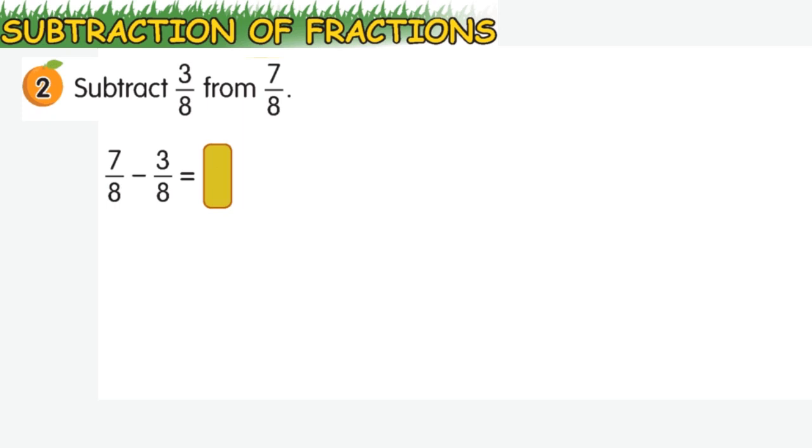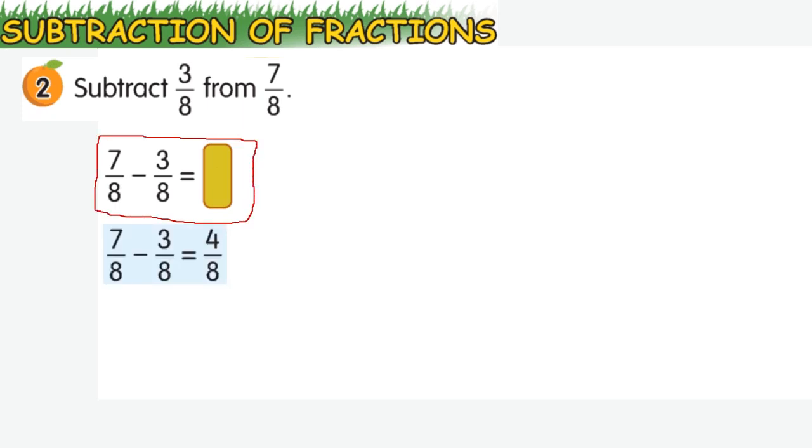You write this as your number sentence. And because it is already the same denominator, you just subtract the numerators at the top. 7 minus 3 is 4, and the denominator will remain unchanged.